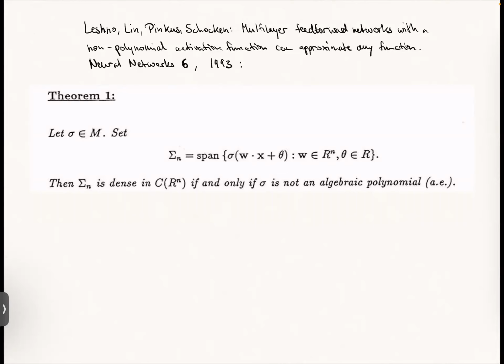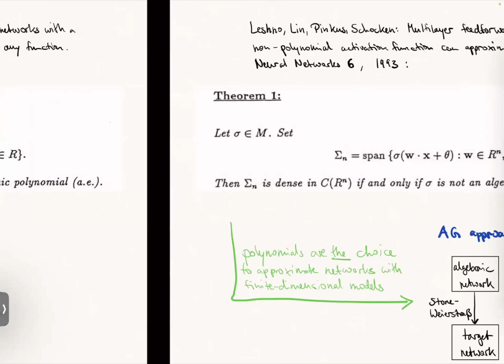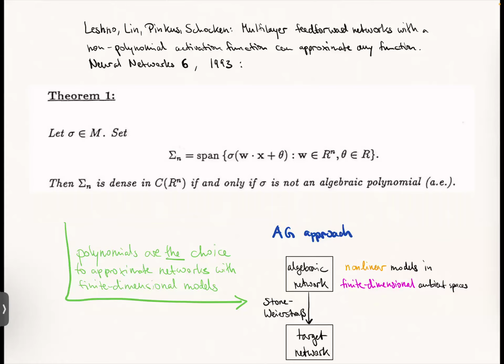And I think that's why, because of the universal approximation theorem, people typically don't like polynomials. Oh, because they don't work. But I think it's great, because if I want to do any approach that approximates a target network whose neuromanifold lives in this span in infinite dimensional space, and if I want some approximation of neuromanifolds that themselves live in finite dimensional spaces, I do not have so many choices.